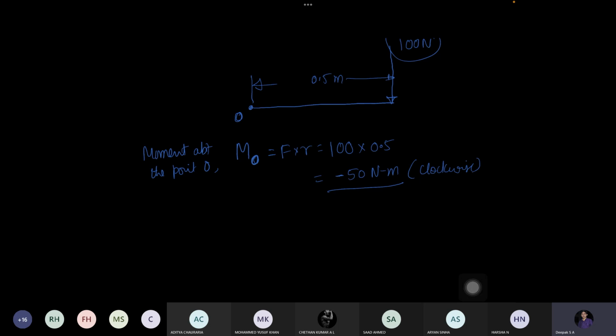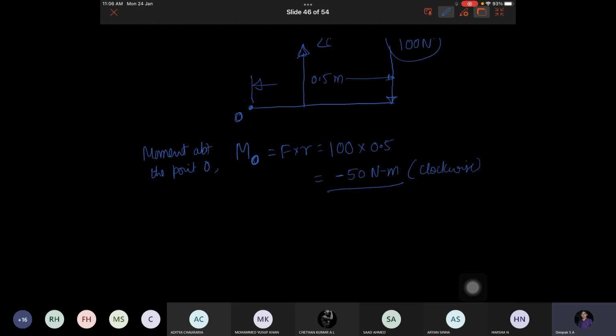If one more force is present, acting in the upward direction, say a 200 Newton force acting at a distance of 0.2 meter, then what will be the resultant moment?